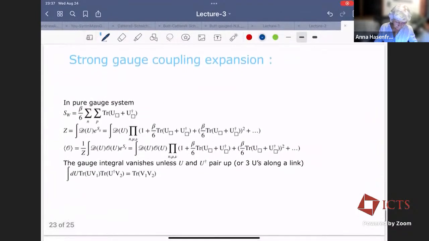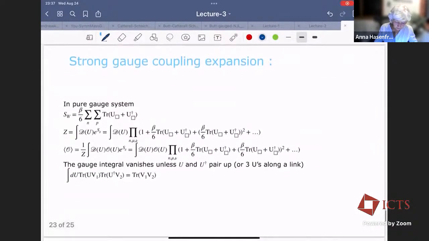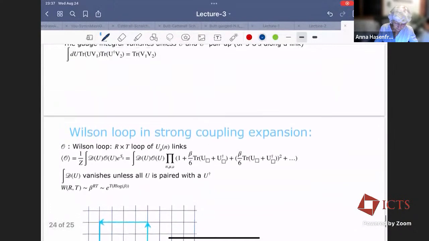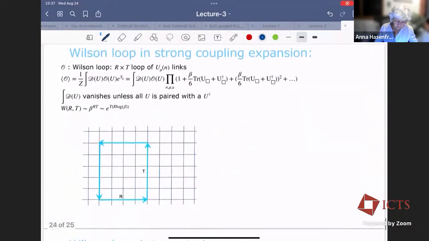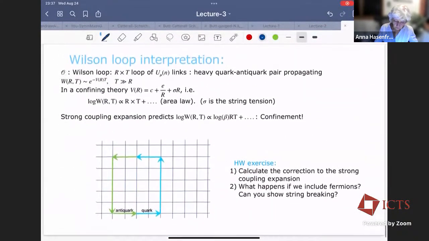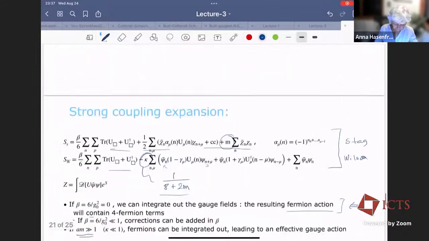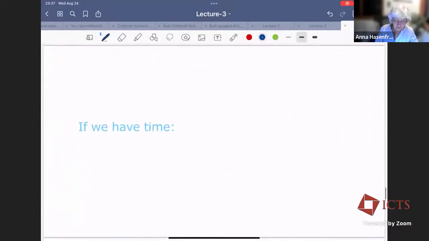What I wanted to do here is actually show that in the strong gauge coupling expansion, the Wilson loop follows an area law that shows confinement. But I think everybody must be tired enough, so let me not get to that. I will stop here. I am happy to have more discussion or questions.